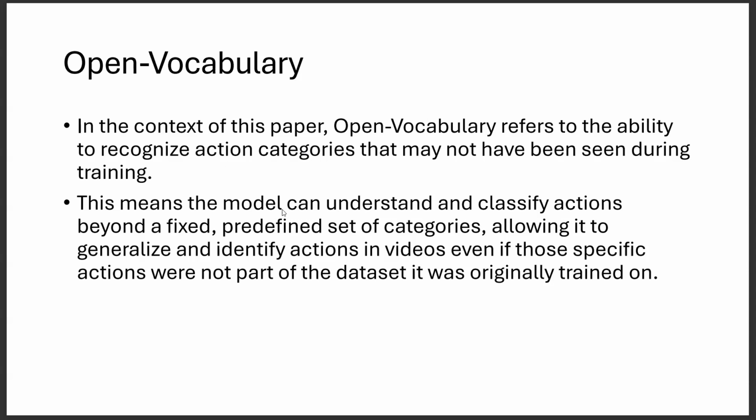This means the model can classify actions beyond a fixed and predefined set of categories, allowing it to generalize and identify actions in videos, even if those specific actions were not part of the dataset it was originally trained on. So, as I said earlier, the model can work on testing sets which are not available in the training phase.